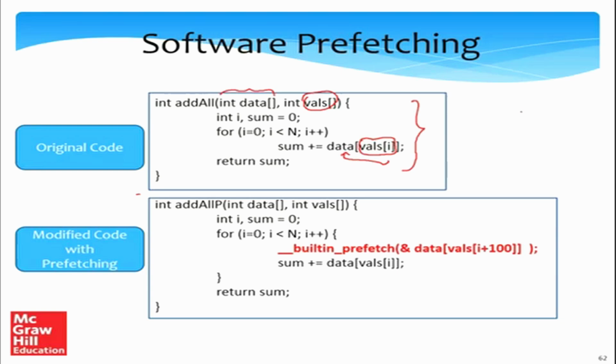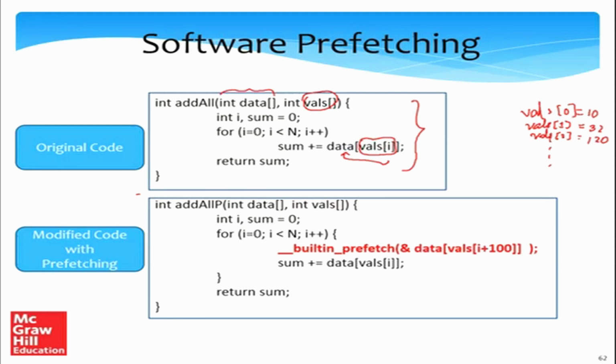So for the vals array, we are accessing vals 0, then vals 1 and so on. But assume vals 0 contains 10, vals 1 is 32, vals 2 is 120. Then the addresses that we are accessing in the data array are 10, 32, and 120, which are absolutely random.